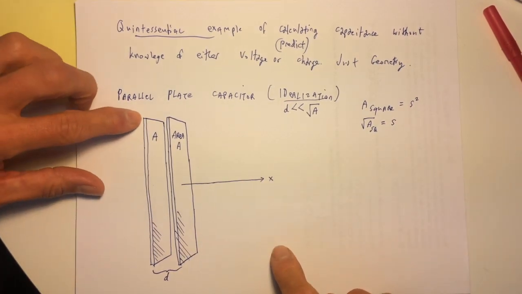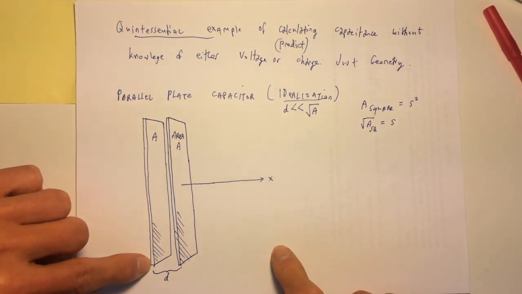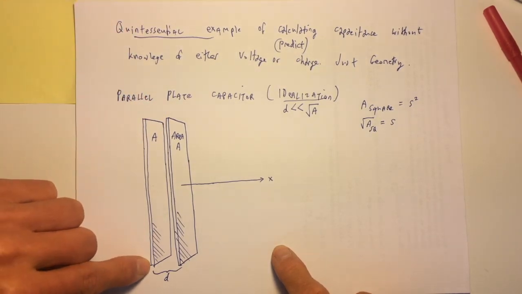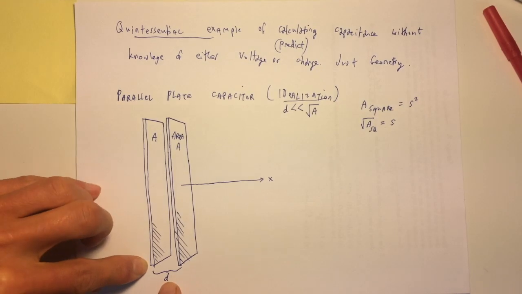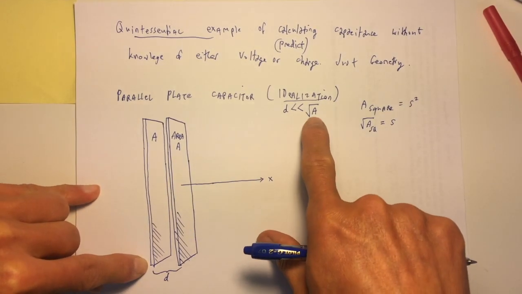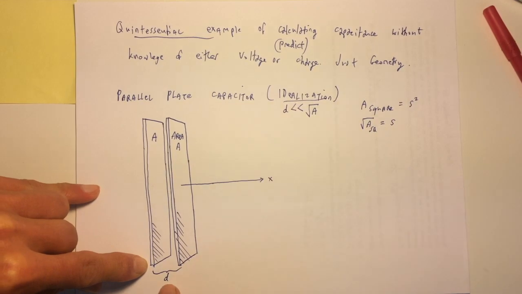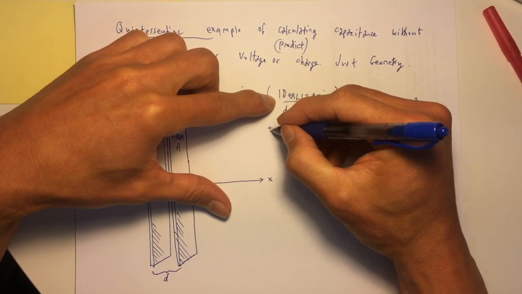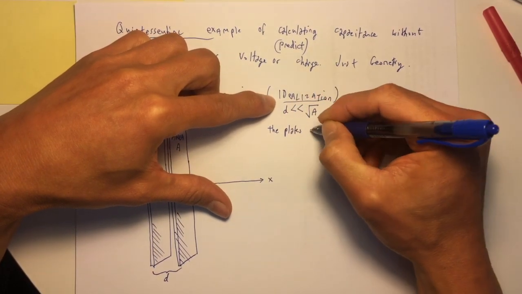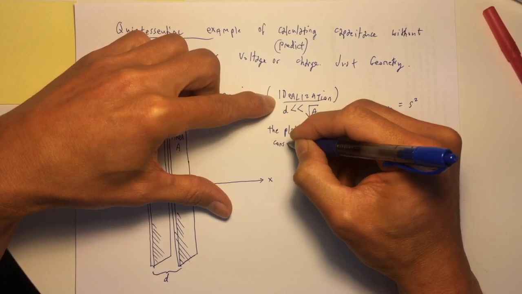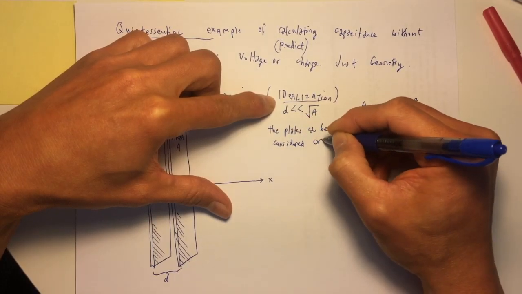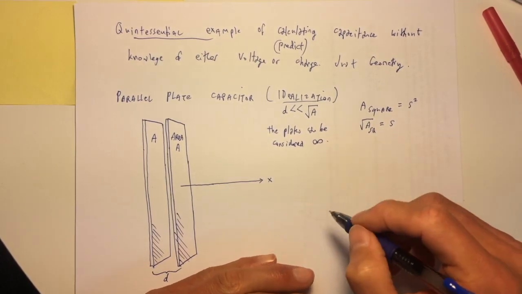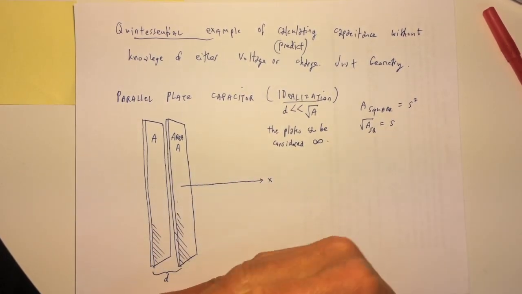And the edge length of this parallel plate capacitor, either the top edge length or the side edge length, is really, really big compared to the separation distance. In this idealization limit, the plates can be considered infinite, right? So these are infinite conducting planes of charge, if I separate charge.